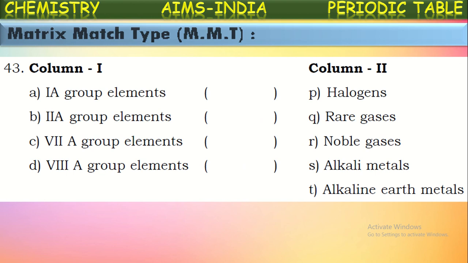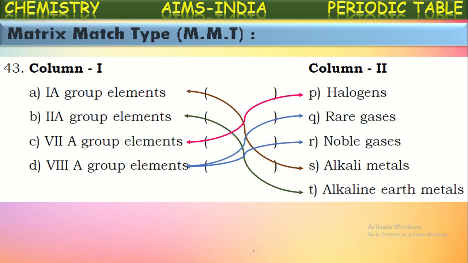Second A group elements are called alkaline earth metals. Seventh A group elements are called halogens. The meaning of halogens is salt formers. Eighth A group elements are called noble gases or rare gases or aerogens. Now try to match these properly.